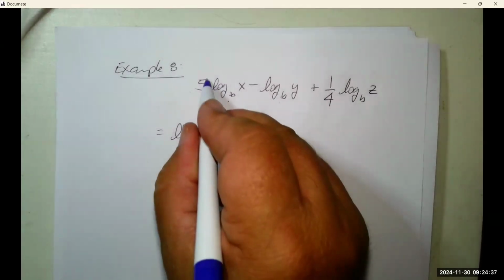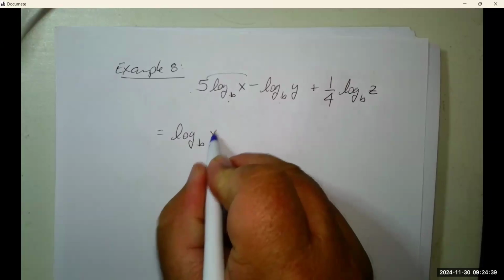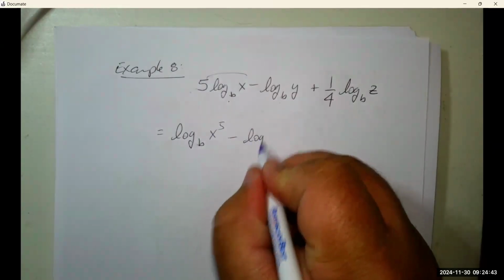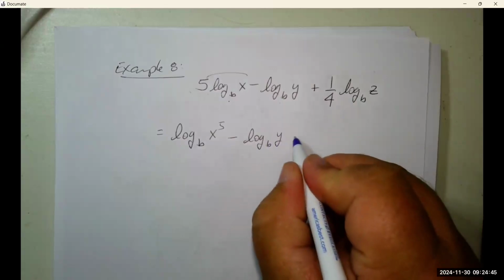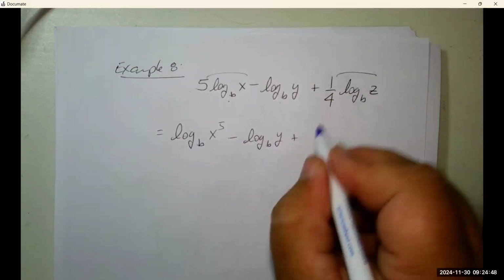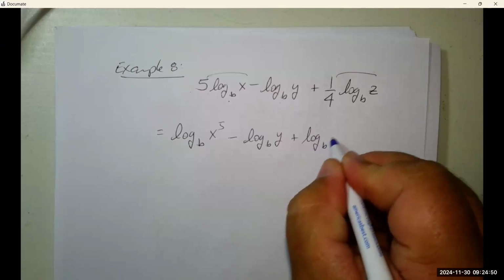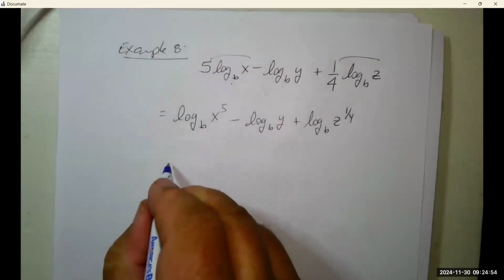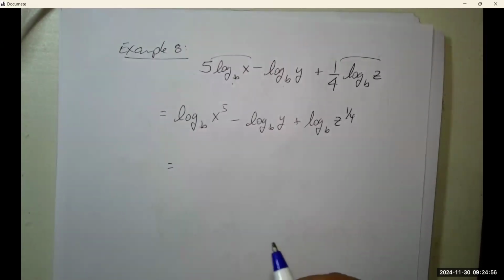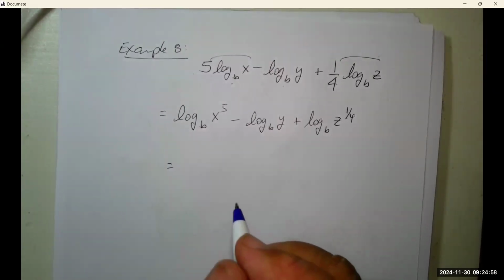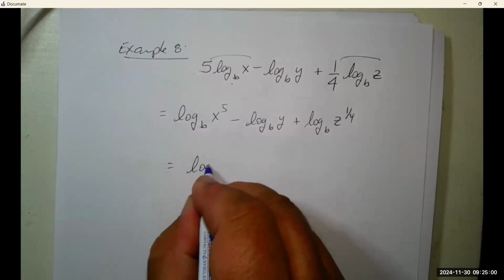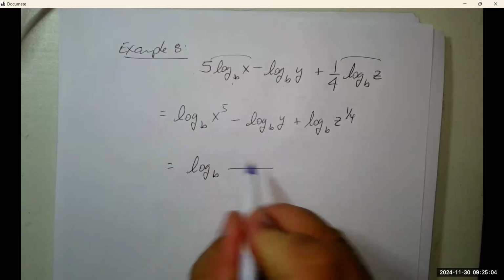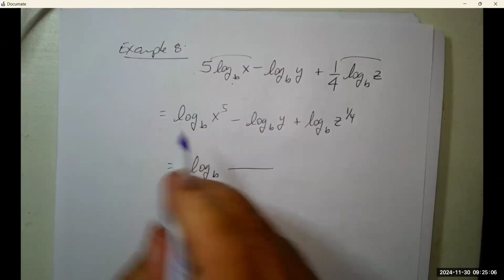So this first one becomes log base B of x to the 5th, minus log base B of Y. This becomes log base B of Z to the power 1/4. They're all log base B's. Since there's pluses and minuses, anything with a plus goes on top.